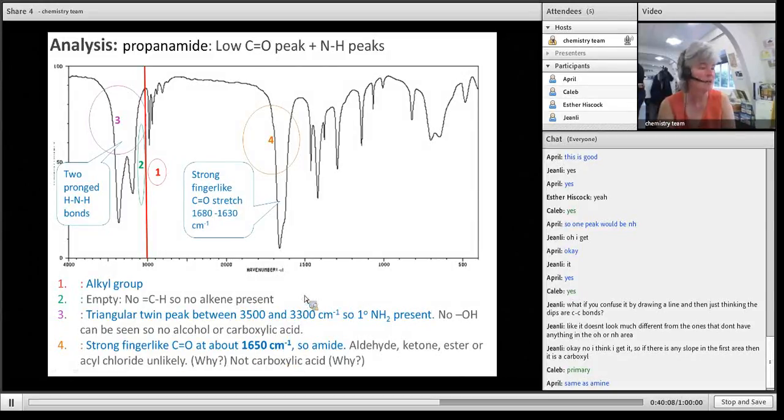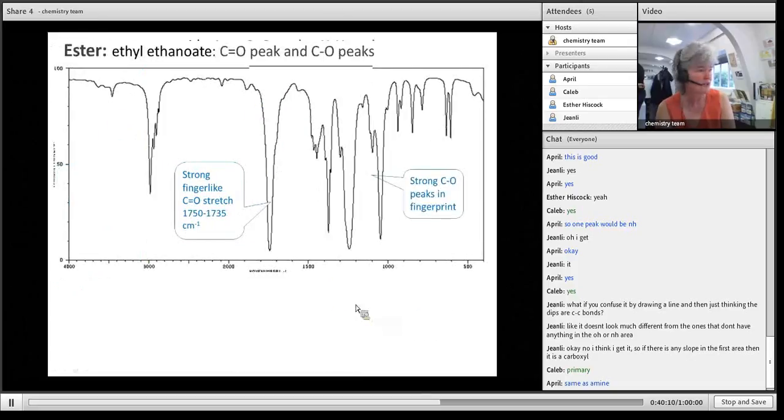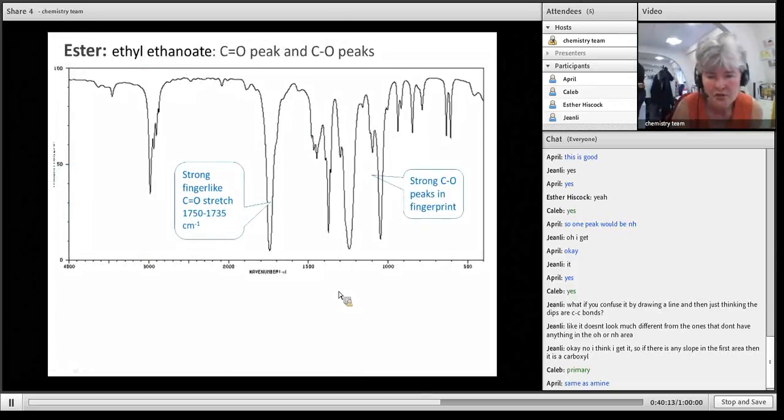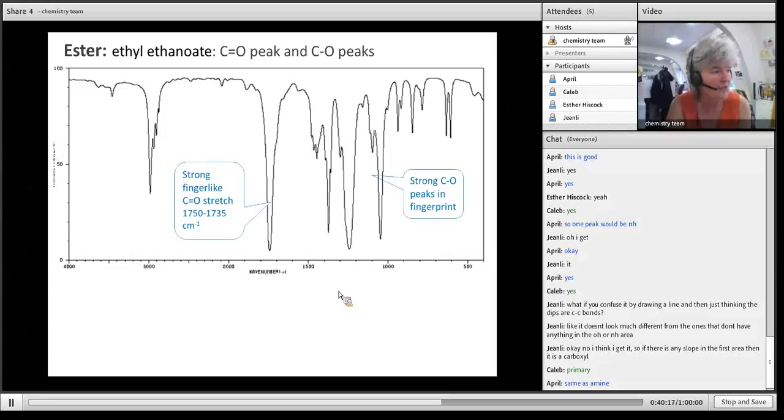Okay, so let's flick through it. Esters are the most difficult, I think, to get, so esters, aldehydes, and ketones can be the most confusing when you're looking at an IR, and it's then very useful to check the other spectra, because they'll clearly tell you whether it's an aldehyde or a ketone.